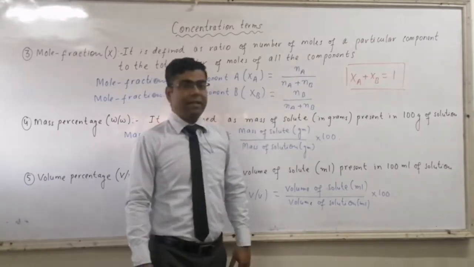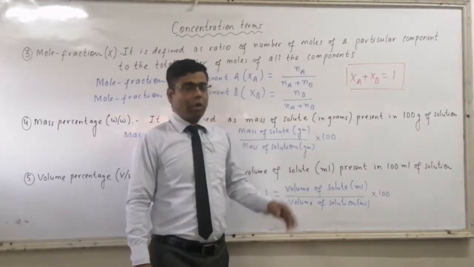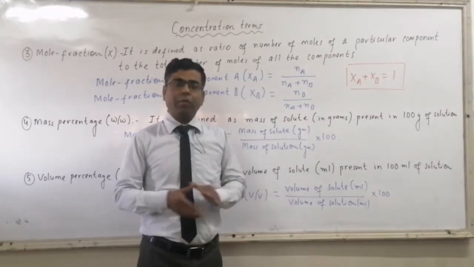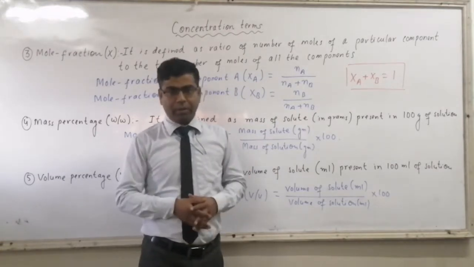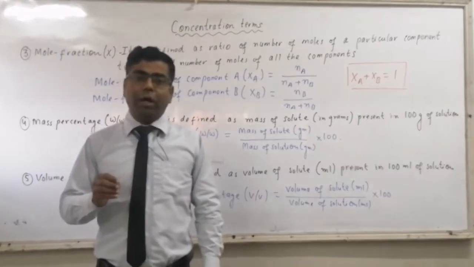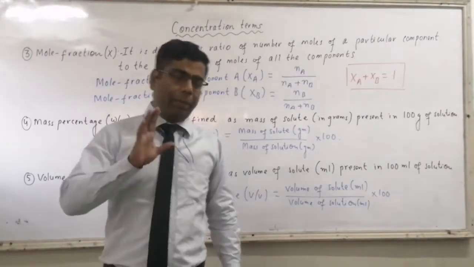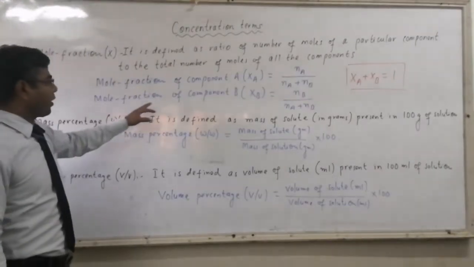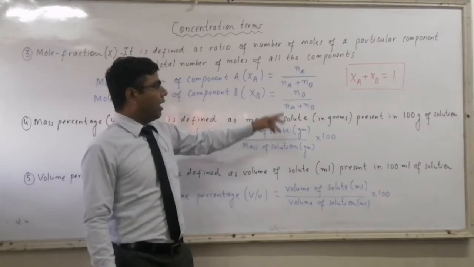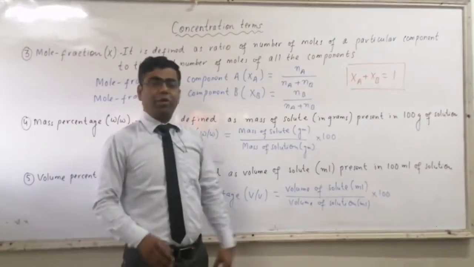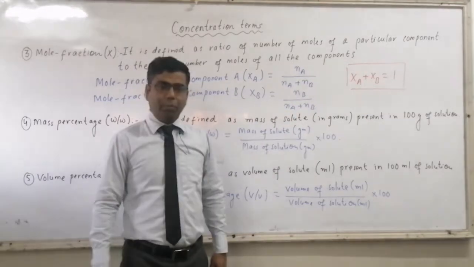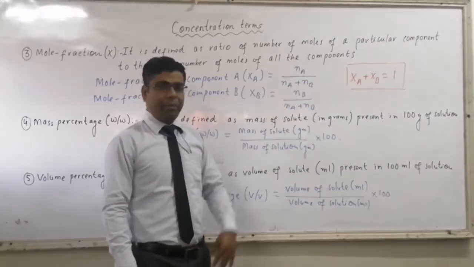Na here represents the number of moles of component A and Nb represents the number of moles of component B, that is solute. Now, if we want to find out the mole fraction of solute or component B, we write mole fraction of component B, represented as Xb, equals Nb divided by the total number of moles, that is Na plus Nb.